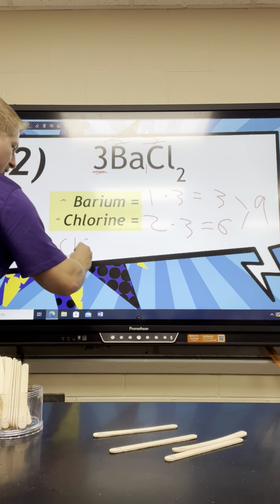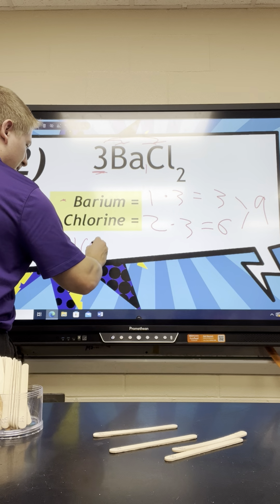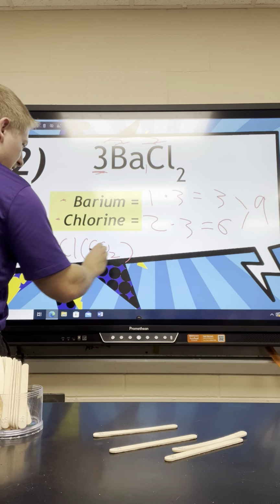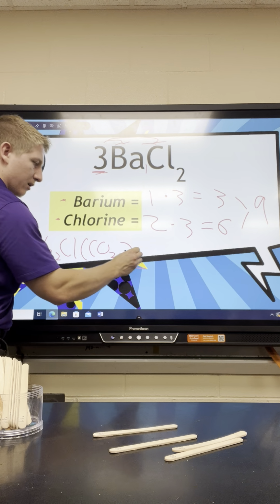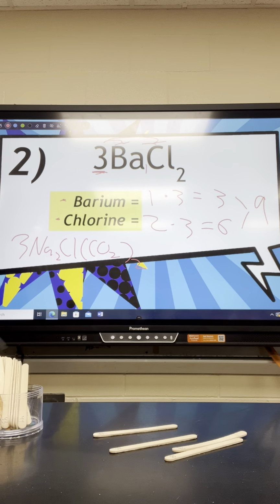Exactly. Now, if we see parentheses, you still distribute it to everything after it. You see a big coefficient, we're going to everything. Now, the only thing is if we see a little number outside of parentheses, that little number gets multiplied by only the stuff in the parentheses. Does that make sense?